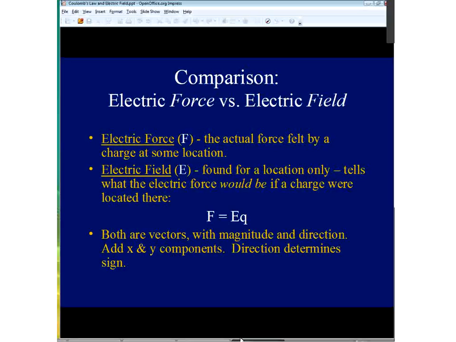I hope this is clear. If you know field at a particular point, at that point charge Q will experience QE force. And it is a vector equation.